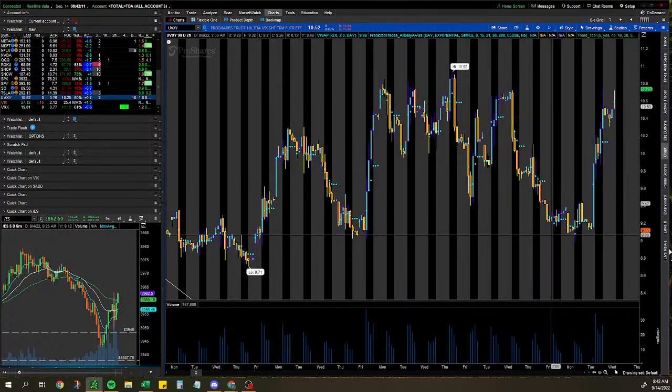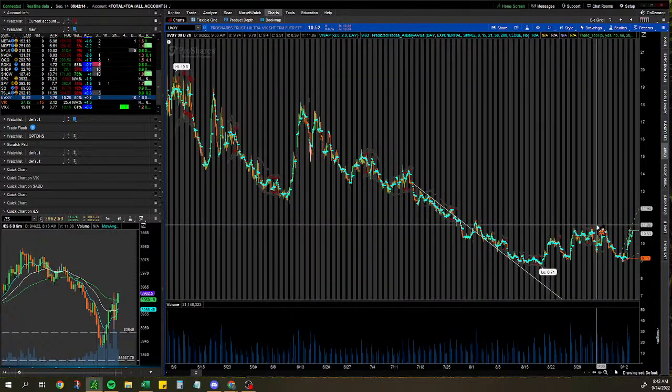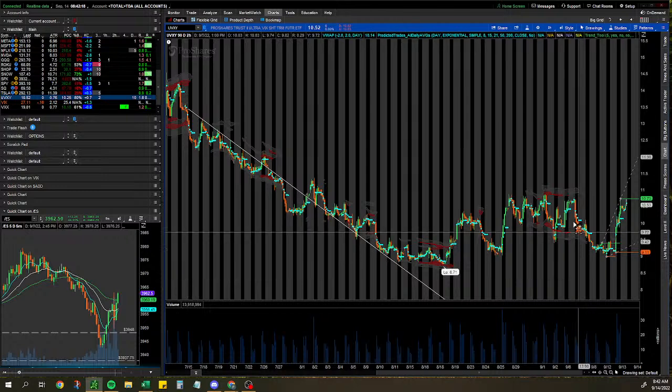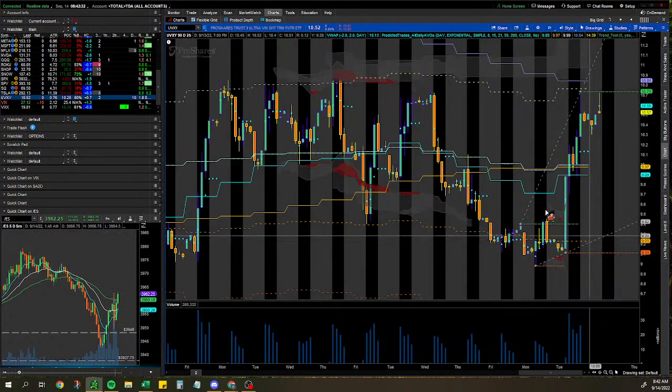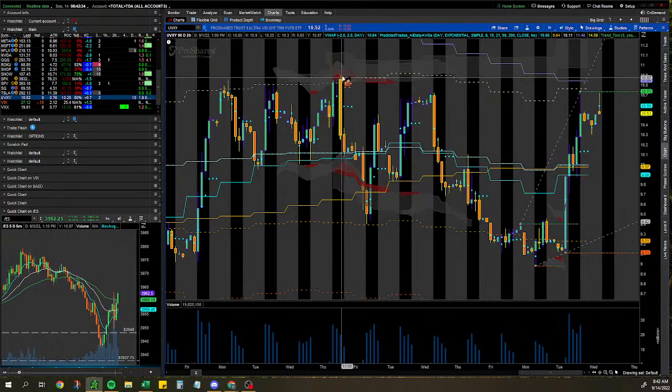UVXY I'm going to take a look at because it shot back up. Obviously with the market, it's back up at the highs that it rejected. So I want to pay attention around here. In fact, I'm going to make a little zone. Where is the highest high in all here? I think it's this one.